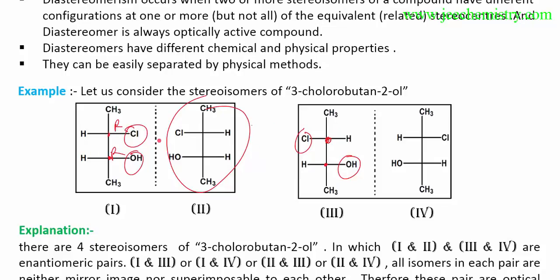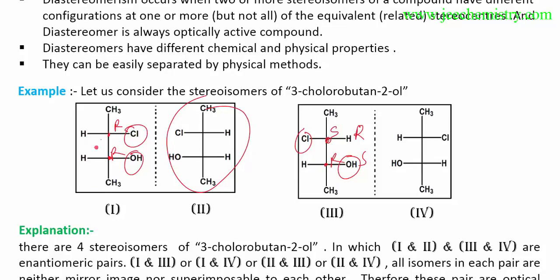This compound must be S and R. This compound has R and S. It means any one stereocenter must have a different absolute configuration. The R and S configuration must be different in at least one stereocenter.